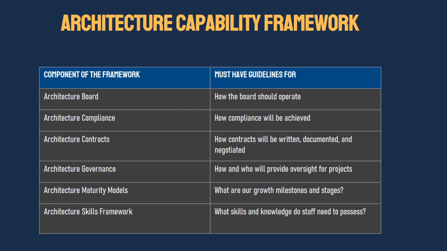Architecture governance has guidelines for who and how we are going to provide oversight for our projects. The architecture maturity model includes guidelines for where our growth milestones and stages will be. And finally, the architecture skills framework has to have guidelines for what skills and knowledge staff need to possess.